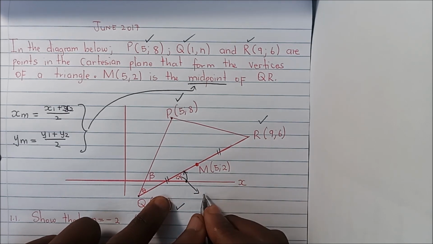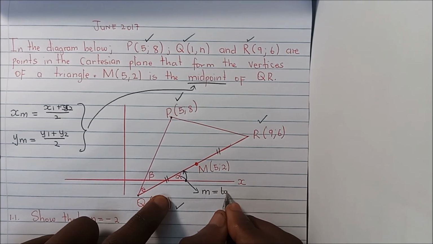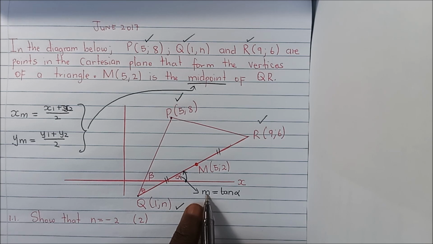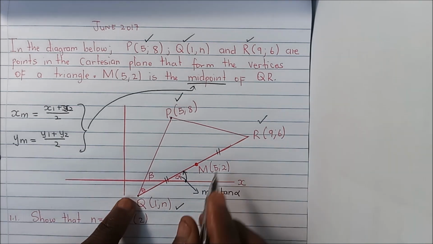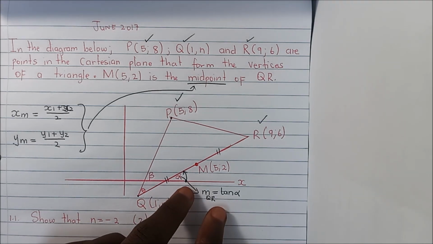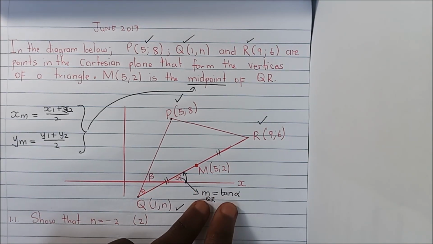Therefore, we can use the formula: the gradient of that line equals tan alpha. So it's going to be the gradient of which line? The gradient of QR. So now at least we know something. If a question says calculate alpha, we will use the same formula.